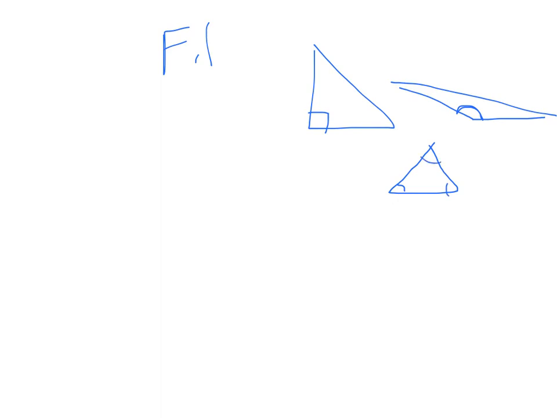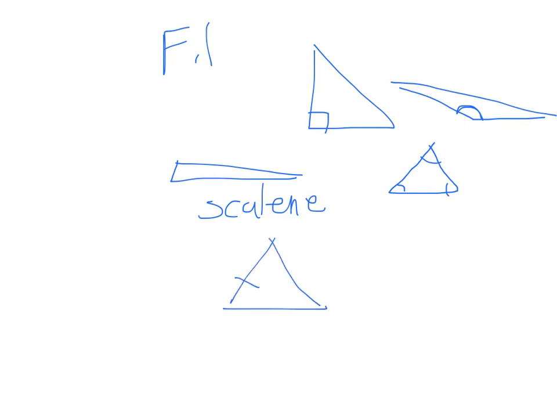You can also classify them by their sides. If no sides are the same, then it is a scalene. If two sides are the same, it's an isosceles. And if all three sides are the same, it's called equilateral.